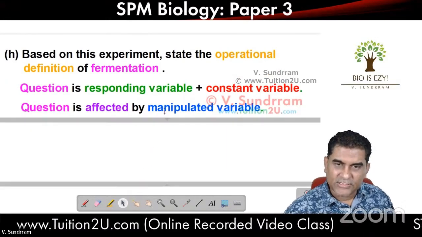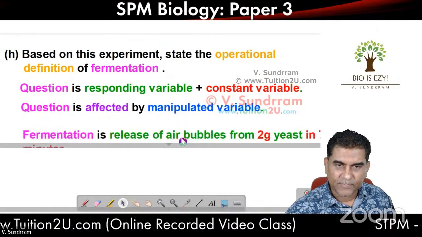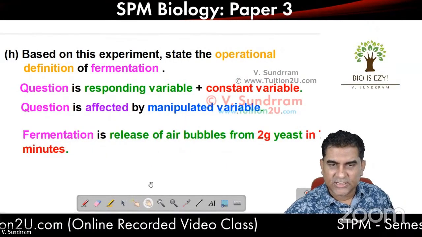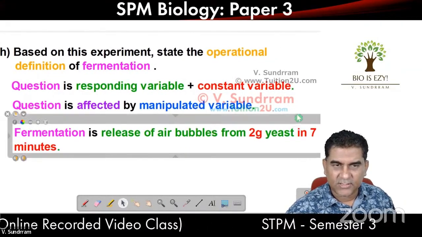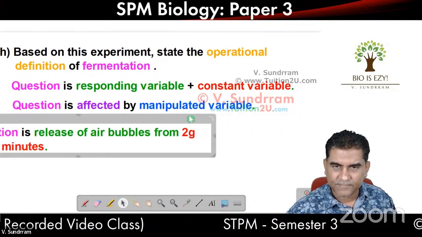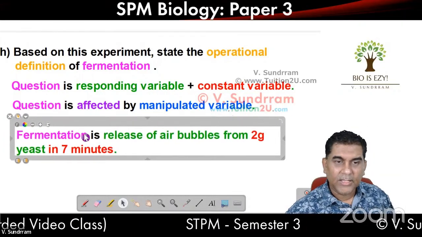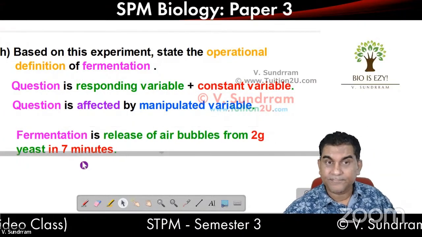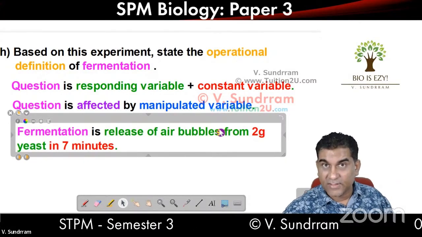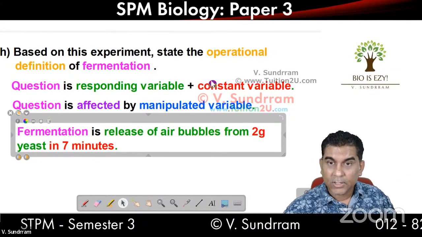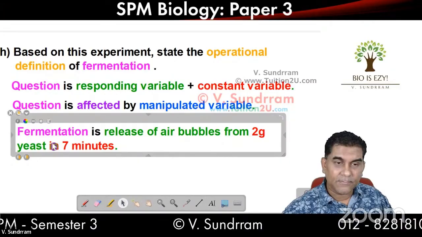So the first answer I'm going to write will be this. Fermentation is the release of air bubbles from 2 grams of yeast in 7 minutes. Fermentation is the question. Release of air bubbles is the responding variable. The constant variables are 2 grams and 7 minutes.